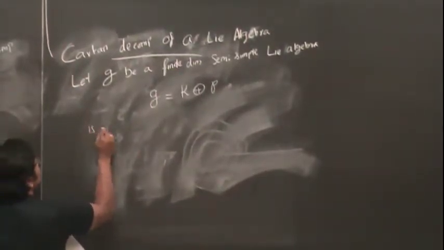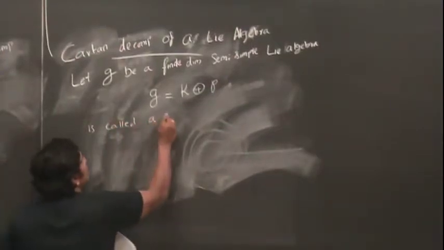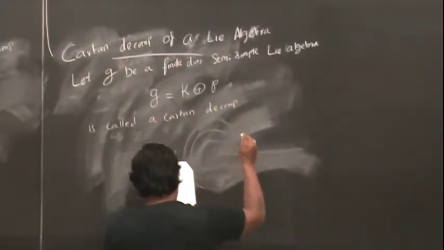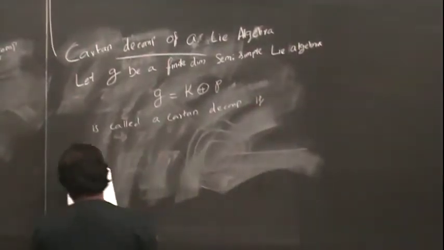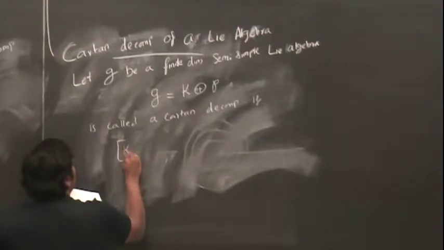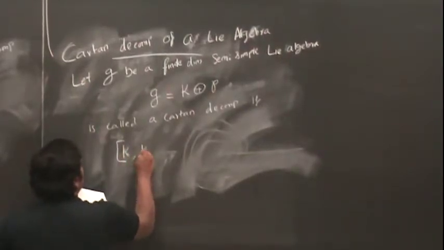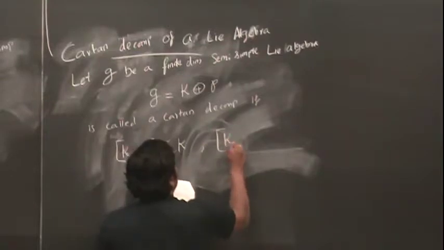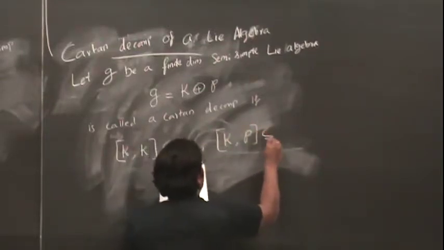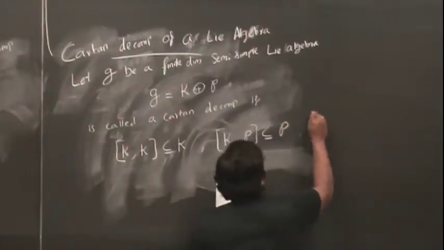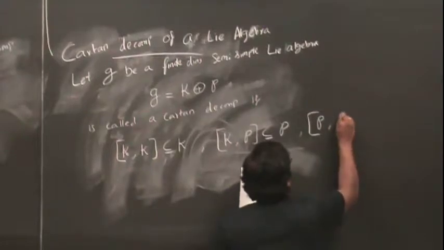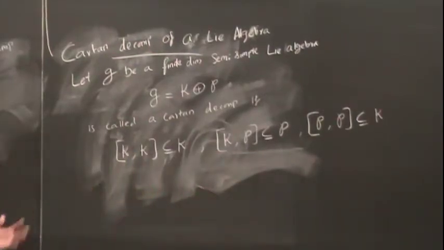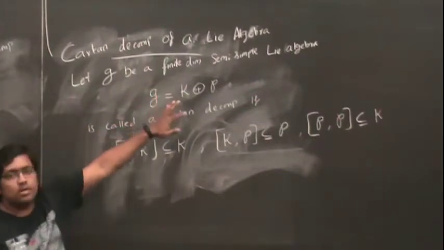Let's restate that. Let g be a finite-dimensional semi-simple Lie algebra.